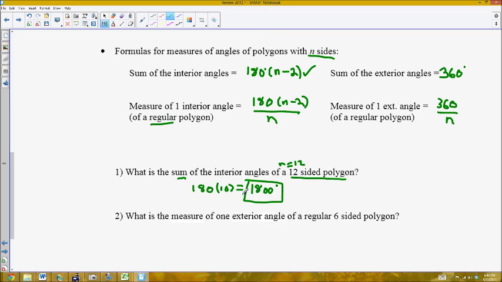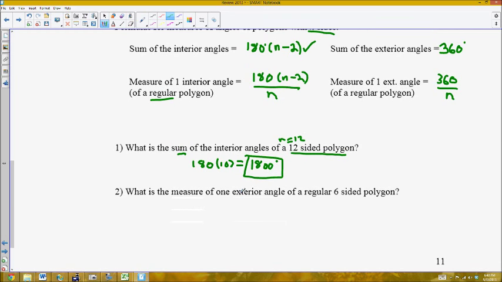If I want the measure of one exterior angle of a regular 6-sided polygon, so it's regular, and I'm looking for one exterior angle, well, the sum of all the exterior angles is 360, and I have 6 sides. So if I divide 360 by 6, each exterior angle will be, sorry, that should be 60 degrees.